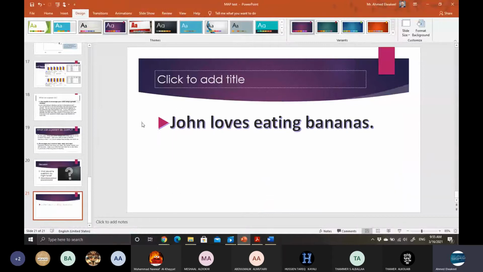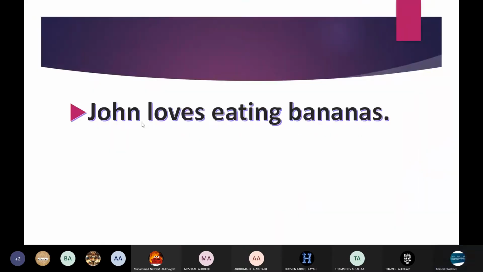Bingo. So the sentence that Khalid gave us was John loved eating bananas. Can I add anything to the sentence so that we can make it a simple one? It's already a simple sentence, but can we add anything to keep it simple?